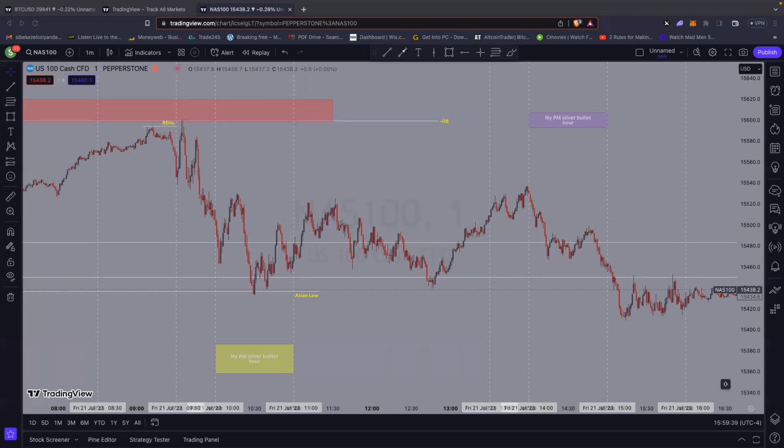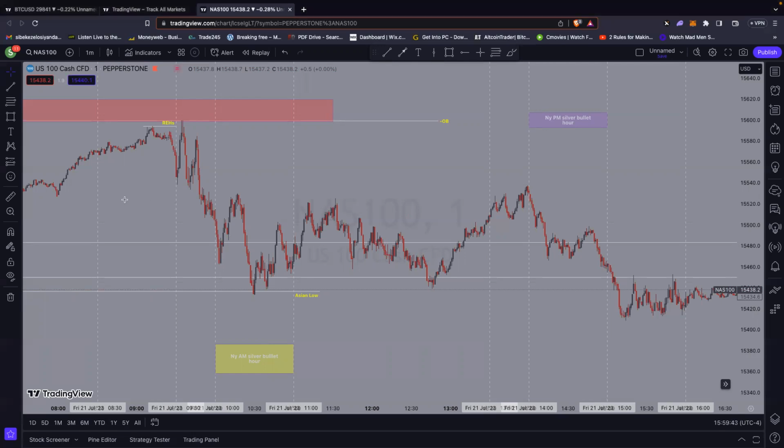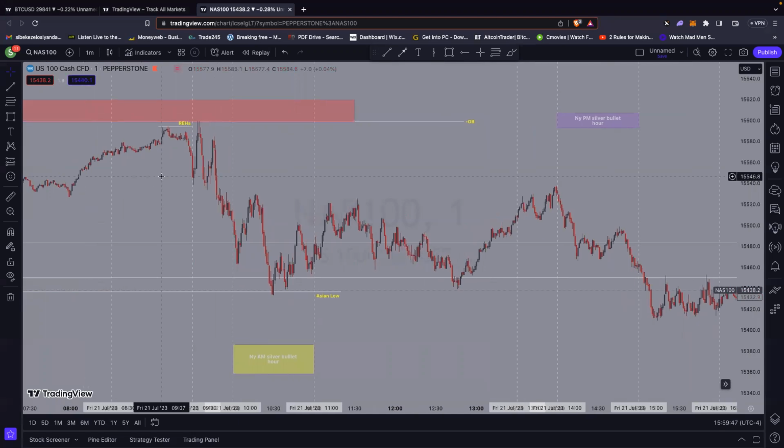There we go. Okay, sorry about that. And then there's a half past 9 fair value gap. You can also use that as entry, if it's in line with your bias, which was bearish in this example or in this lesson.